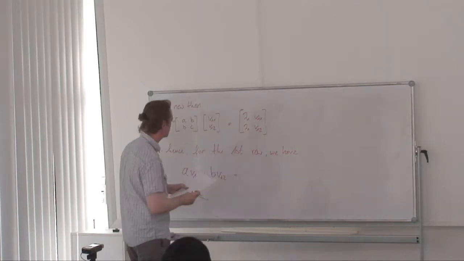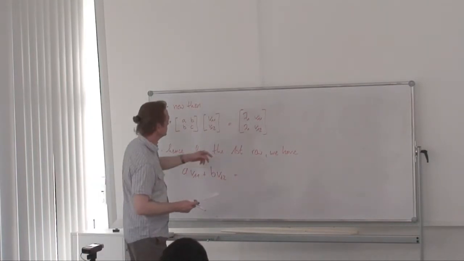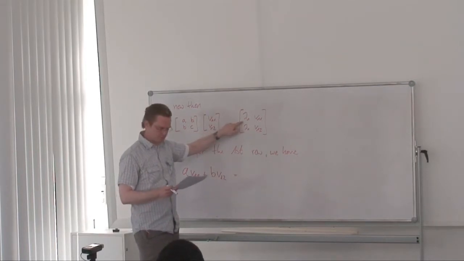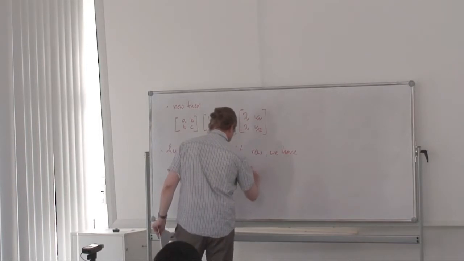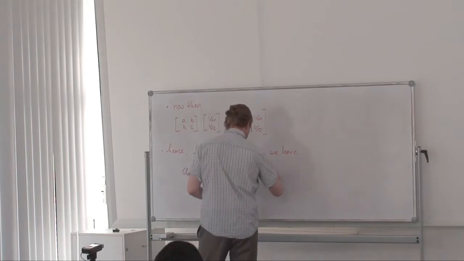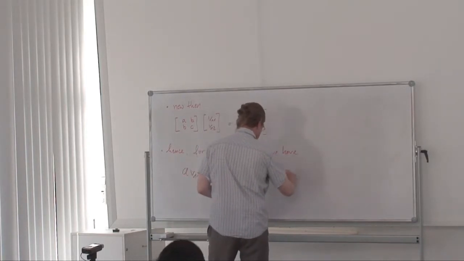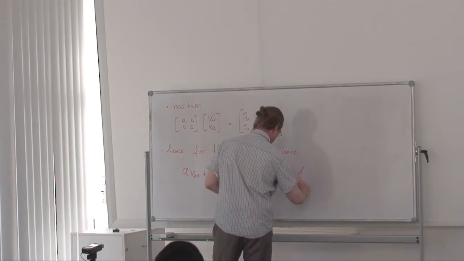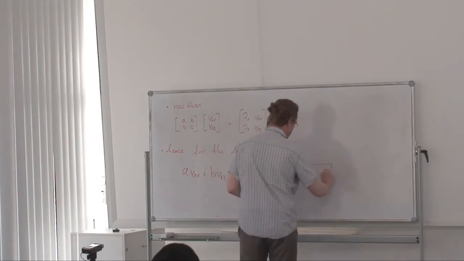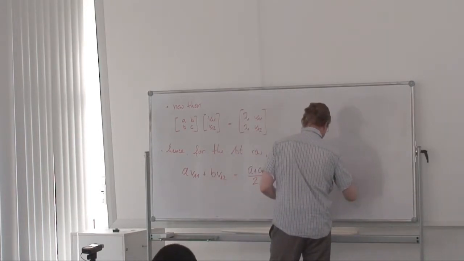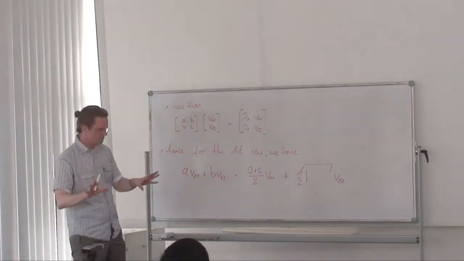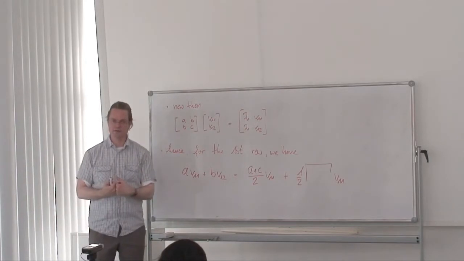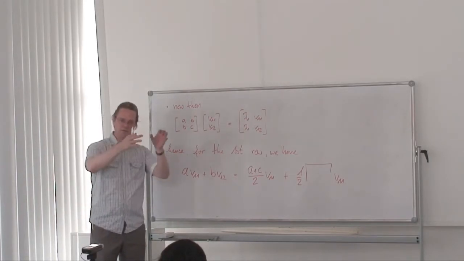And now I am using what we just found for lambda on the previous whiteboard: (A plus C) over 2 times V11 plus 1 over 2 times this nasty square root times V11. So what I have done here is, on the previous whiteboard we had two solutions for lambda I, with the plus and with the minus.